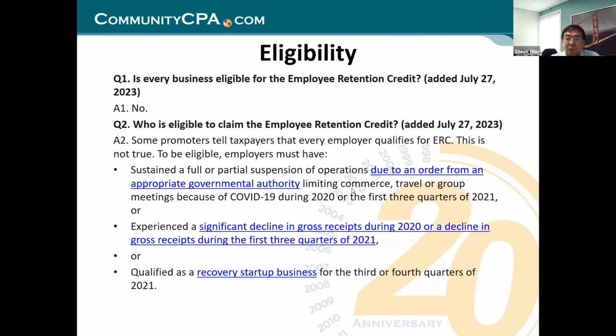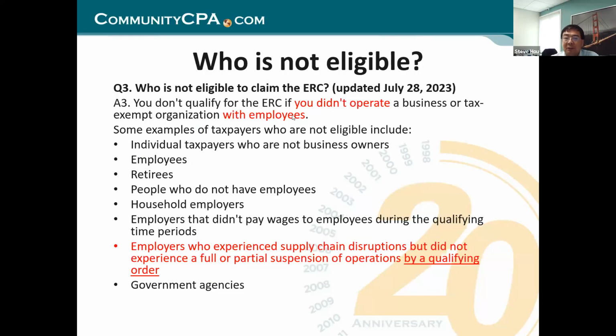There are several other IRS updates on their webpage. Again, these are not changes in the rules. They're simply clarifying or stressing some of the issues that people are asking questions about. Now, the IRS did list some employers that are not eligible for ERC.